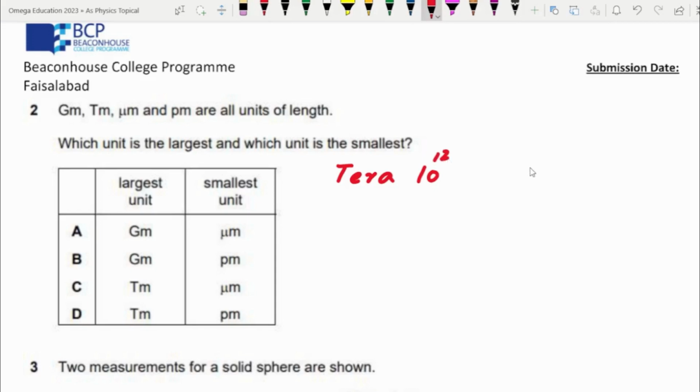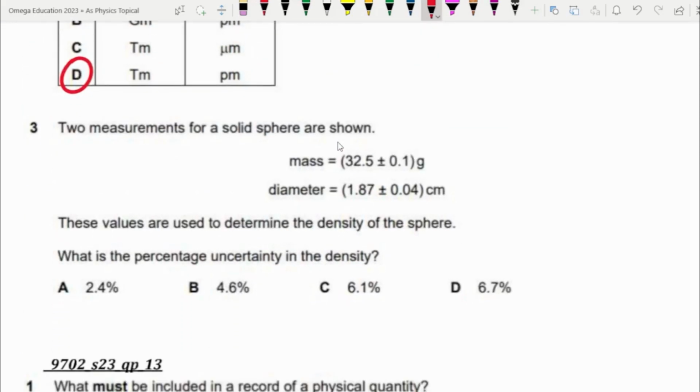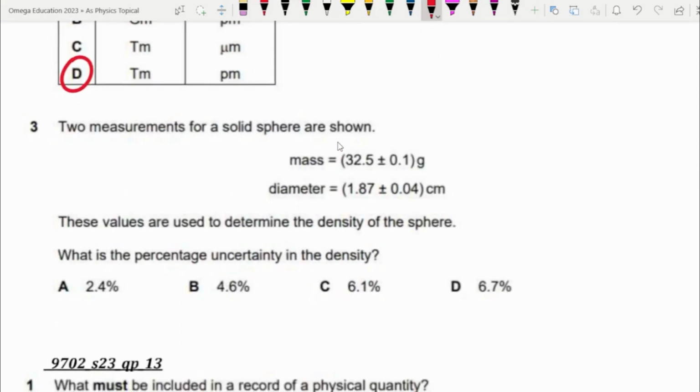And what is the smallest prefix that you study in your syllabus? It is pico, which is 10 raised to power negative 12. So straight away you get the option D. The largest unit would be terameters and the smallest unit would be picometers because of these prefixes. Okay, let's move on to the next one.